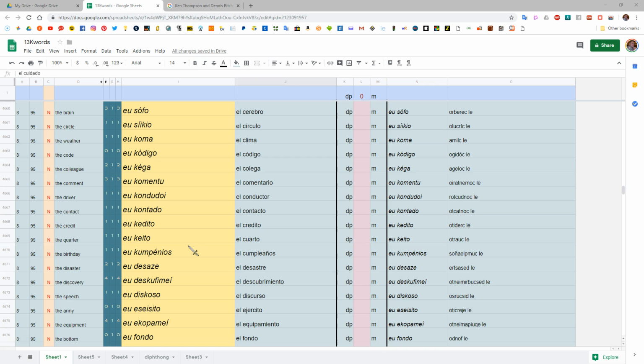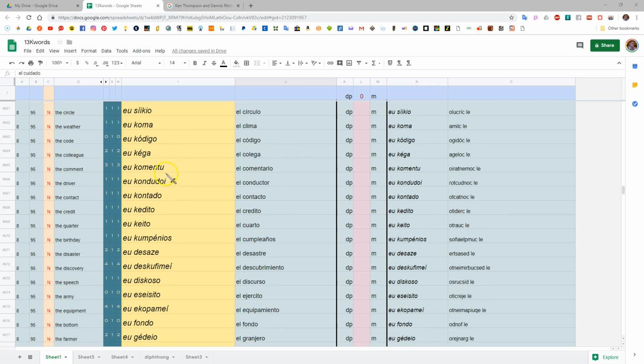So contar, I believe, would mean that, or it might mean something else, because I changed R a while ago. But there was no R in there before that, so that might be conduct. Kega is interesting for colleague. That could be good. Coma. That would be something.